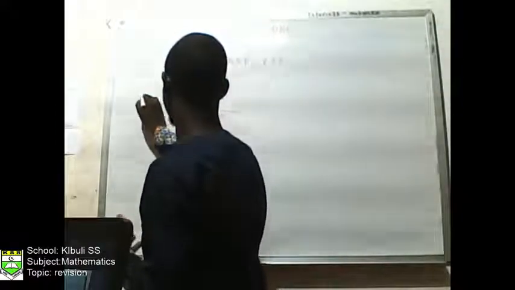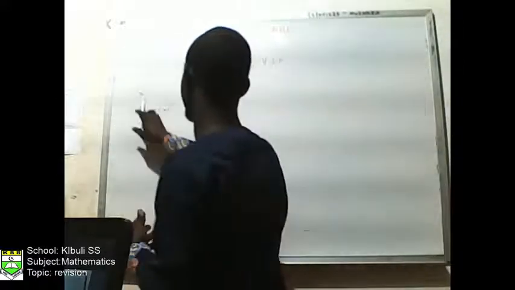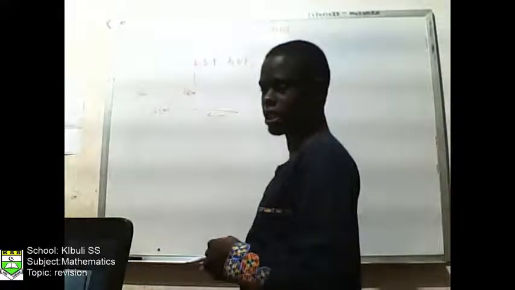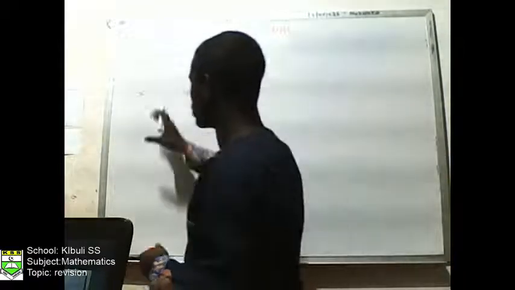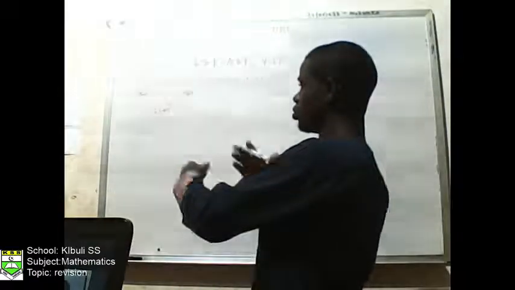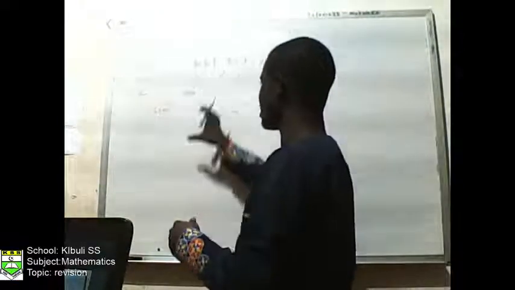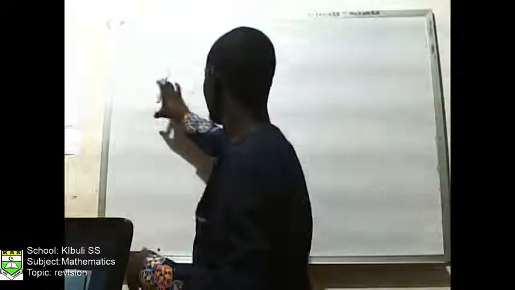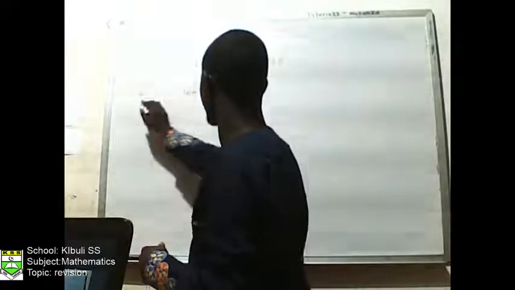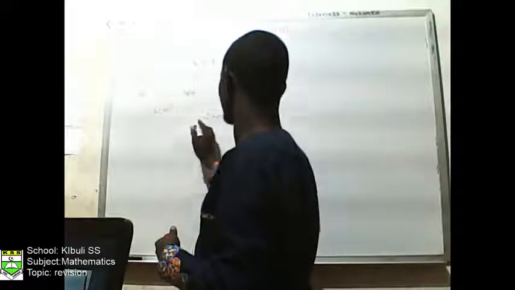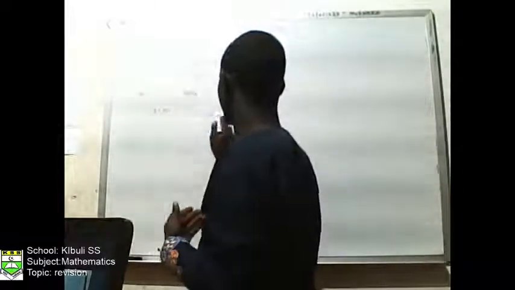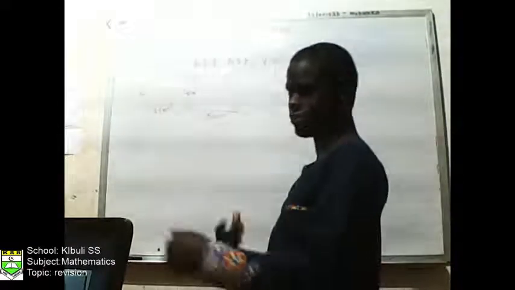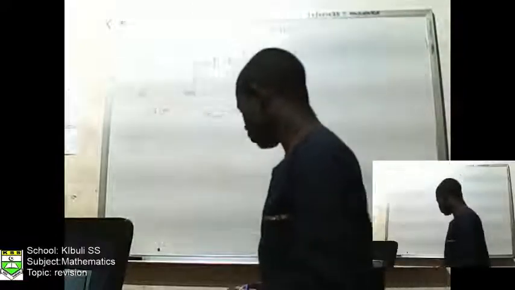This is x and this is 4 centimeters. Then they ask you to find the value of x. Here you use the linear scale factor because these are similar. This over this is equal to this over this. So you use those similarities and you deal with them.